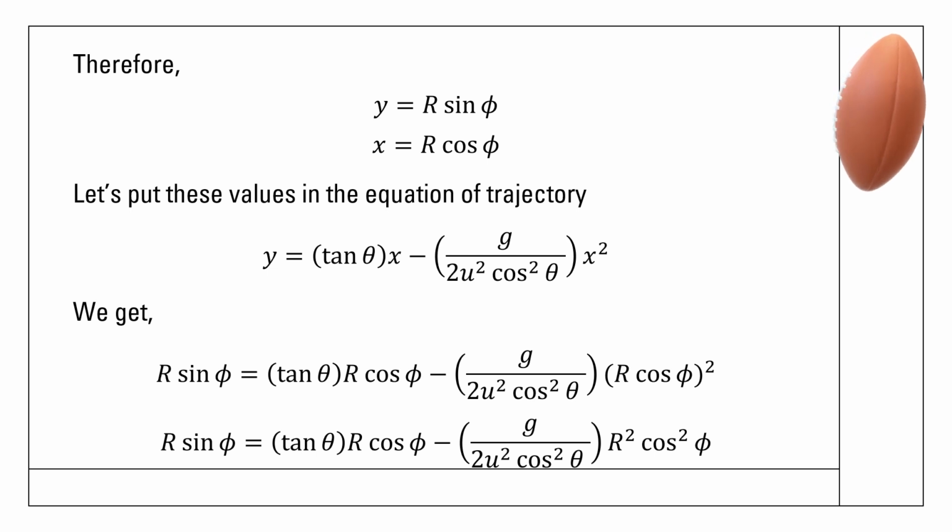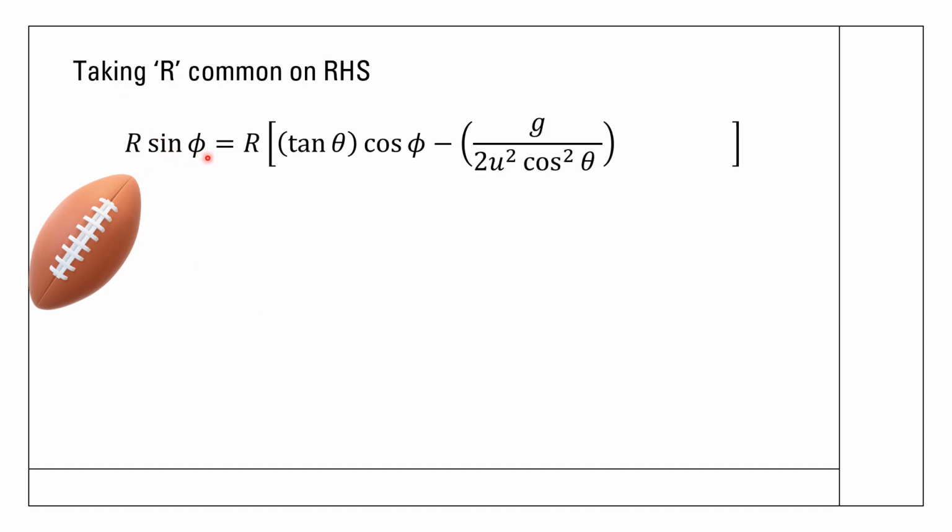What we'll get? Taking r common from the RHS, we get r sin phi is equal to r into bracket tan theta cos phi minus g upon 2 u square cos square theta into r into cos square phi.